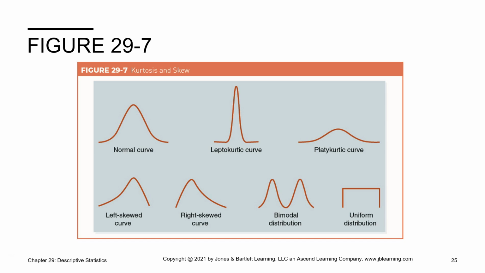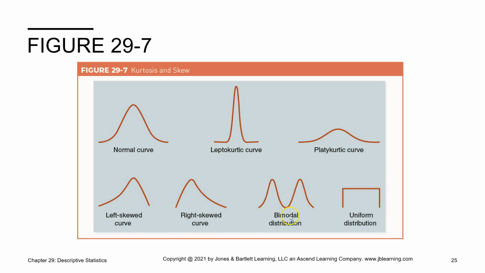And so here in figure 29.7 it shows some differences in the kurtosis and skew. So we have our normal curve here. Then we have a leptokurtic curve. I can never say that word. A platykurtic curve. And then we have a left skewed, a right skewed, a bimodal.